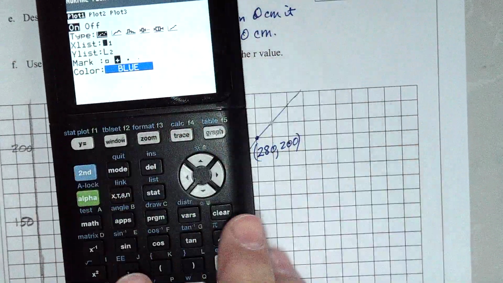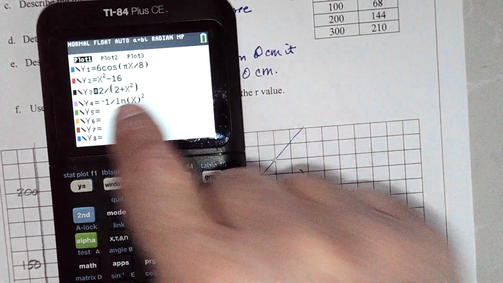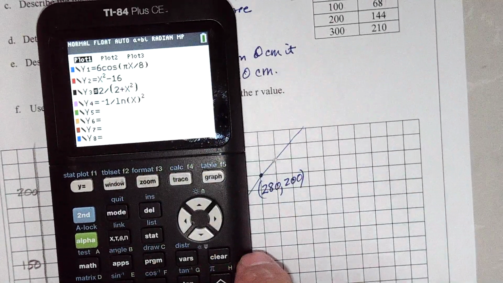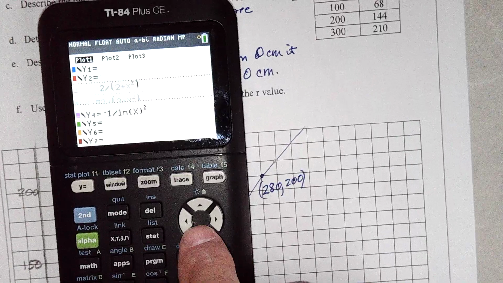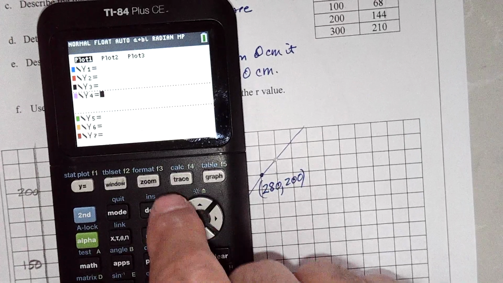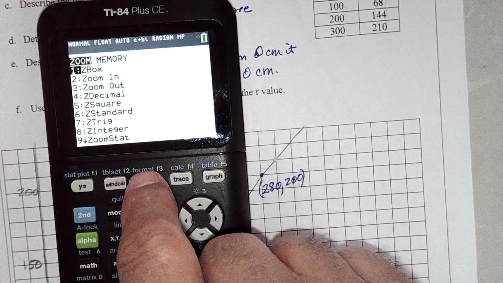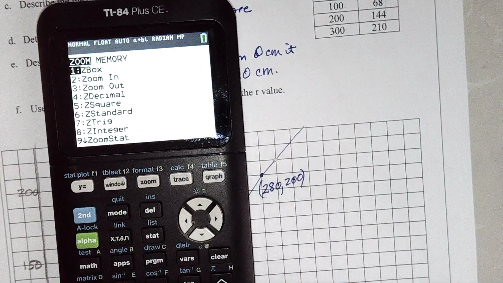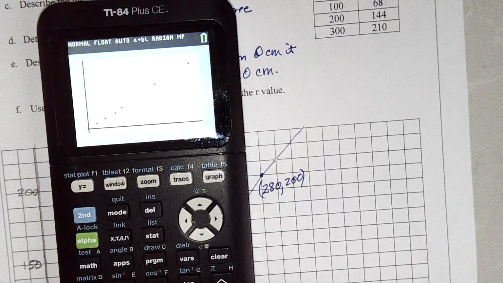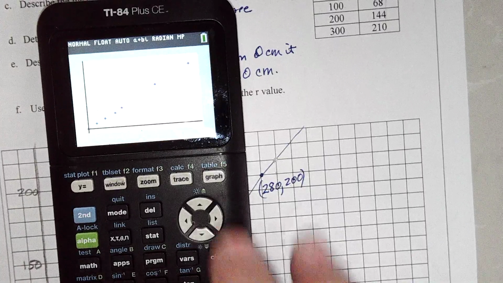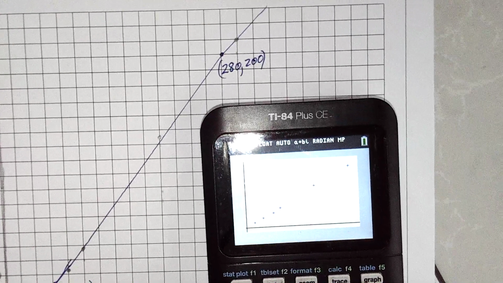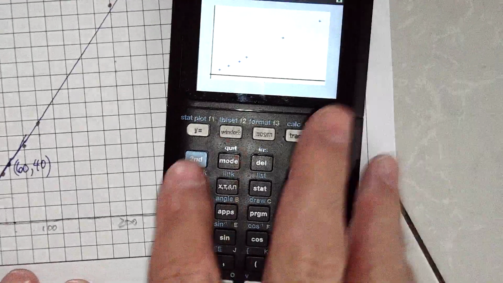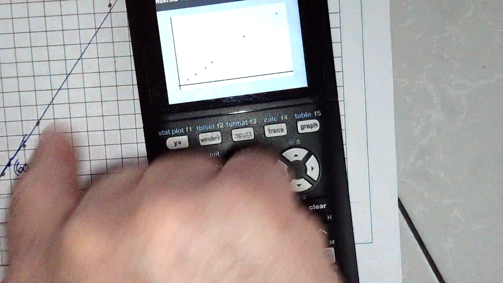It's going to make little crosses. And I'm going to make sure I don't have any equations graphing. I got a bunch of them in here, so I'm going to clear that one, clear that one, clear that one, clear that one. And then I'm going to say zoom and stat. That means fit my statistics. And there it shows the plots. It's figured out its own scale, and it's plotted those points.